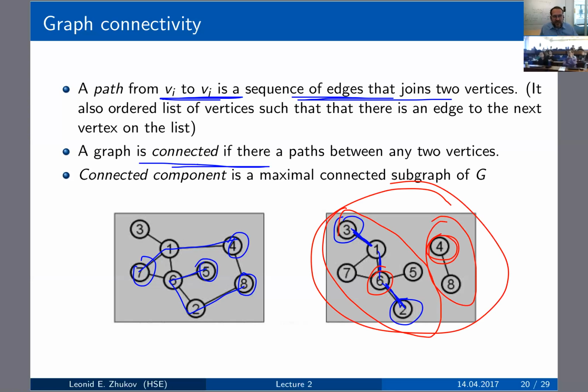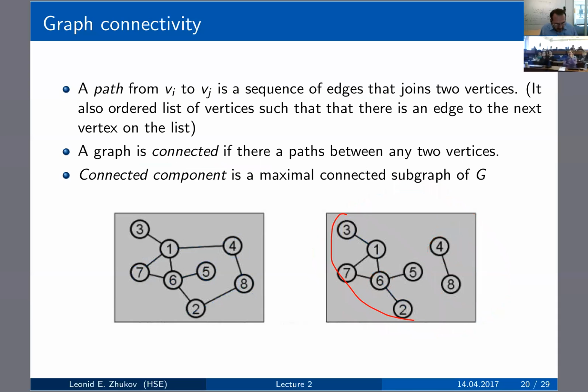A connected component is a subgraph where you can get from any node to any other node. Among those connected components, they will be different in sizes. Like right here, this is much larger than this one. And we'll observe in networks another very interesting property: there is usually one gigantic connected component that is much, much larger than any other component.